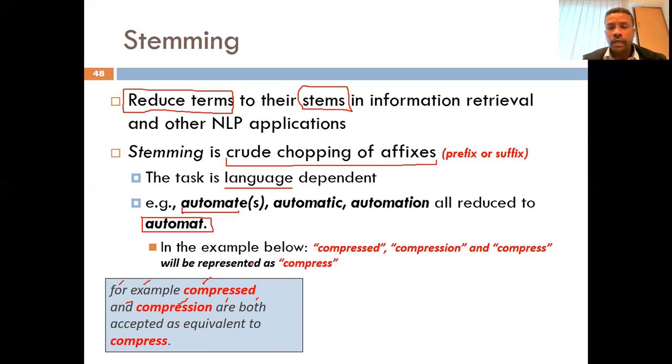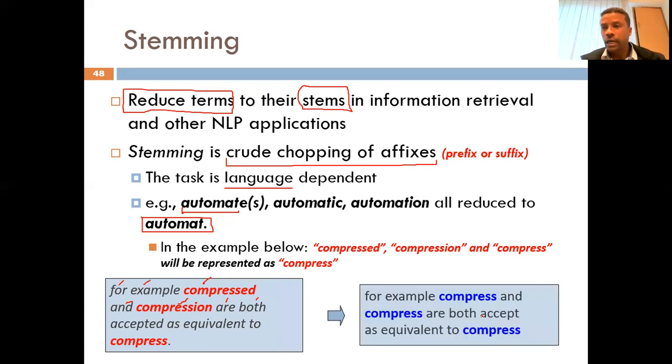But if you do stemming, we know that some of them would come to the same stem. So removing ed, removing ion is going to result in the word compress. So as you can see now, the word compress appeared 3 times after stemming. So the process of stemming is to remove the prefix and the suffix from a word and arrive at a stem.